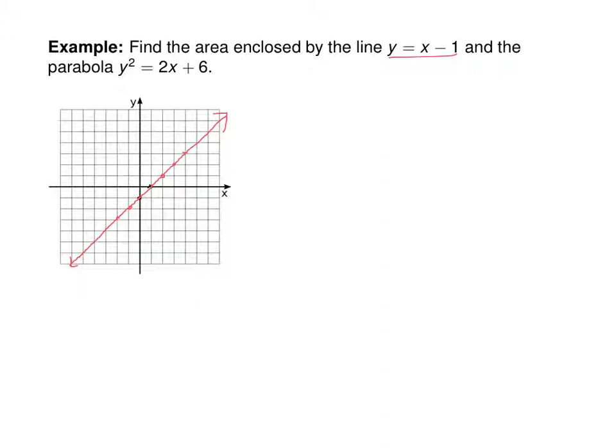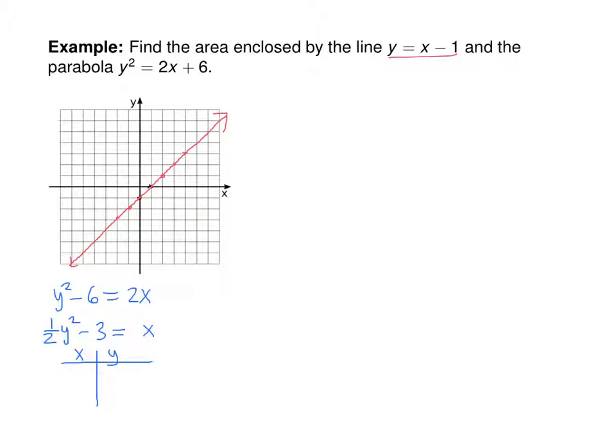The second one is a little bit more complicated, but I think the best way to do that is to solve this parabola for x. So we'll have y squared minus 6 equals 2x, or 1/2 y squared minus 3 equals x. Let's make a table of values, x and y. In this case, I'm going to pick y and find x.